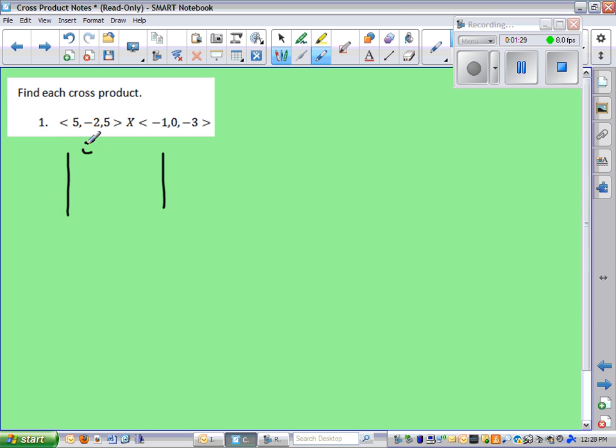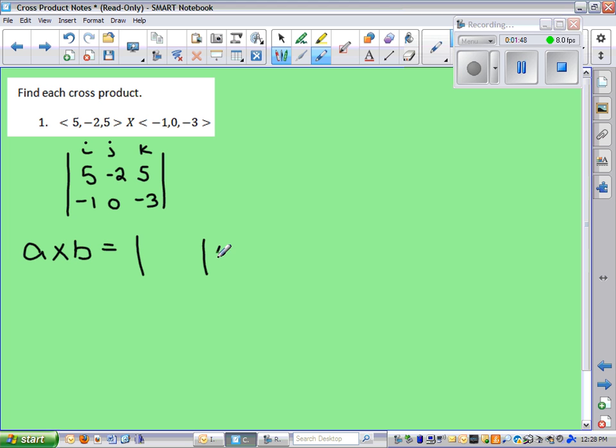So we'll have I, J, K, and then just go straight across: 5, -2, 5, -1, 0, -3. Then to do A cross B, we're going to make our equation.